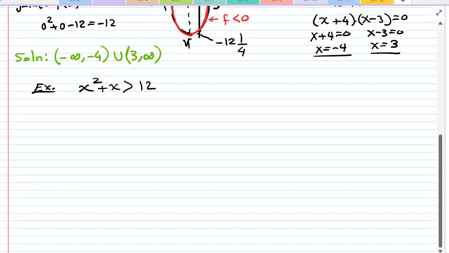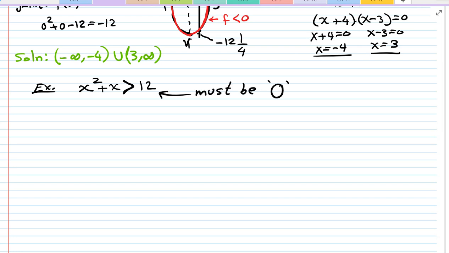The alternate method calls for this. Two things must be in place for this method to work. One, the number on that side must be 0. That's the first and foremost of the two things. This is the priority. So in order to remedy that right away, I'm going to subtract 12 from both sides.